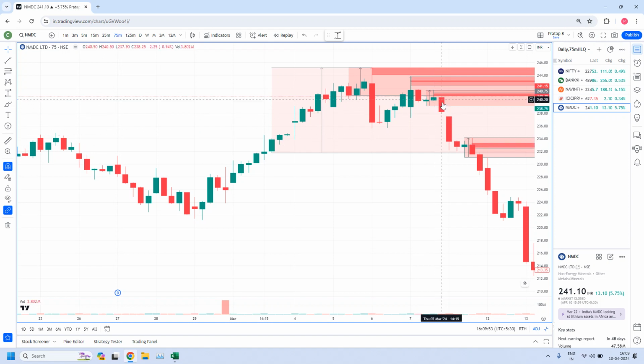If you are not convinced, this entire candle you can keep inside a zone. You can say drop, 3 candles in the base and a drop candle. That way also you can plan. But this is more convincing, even though it is not a great leg out, because the follow through candle is there. So we can compromise and draw. If you don't want to compromise, keep this leg candle also part of the base and draw the zone.